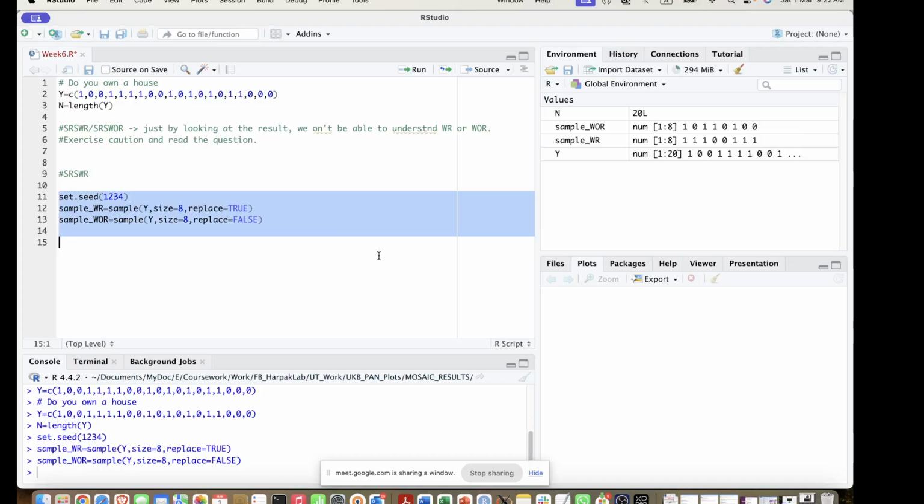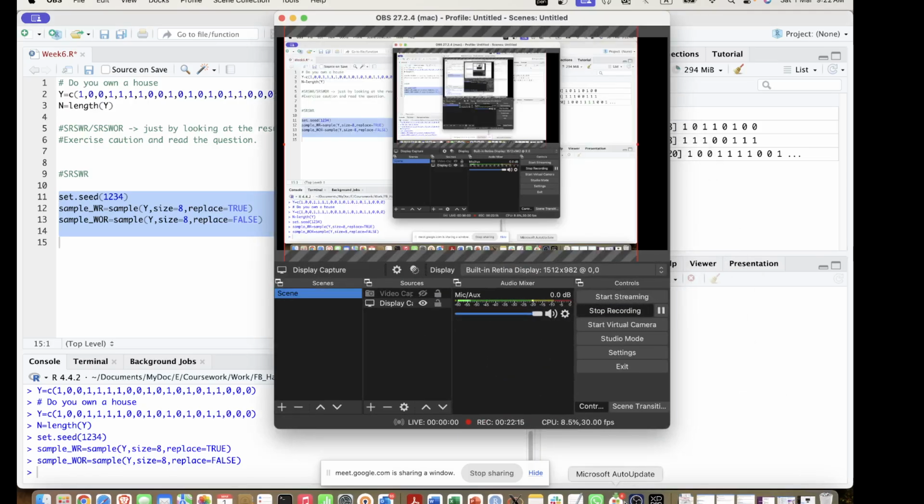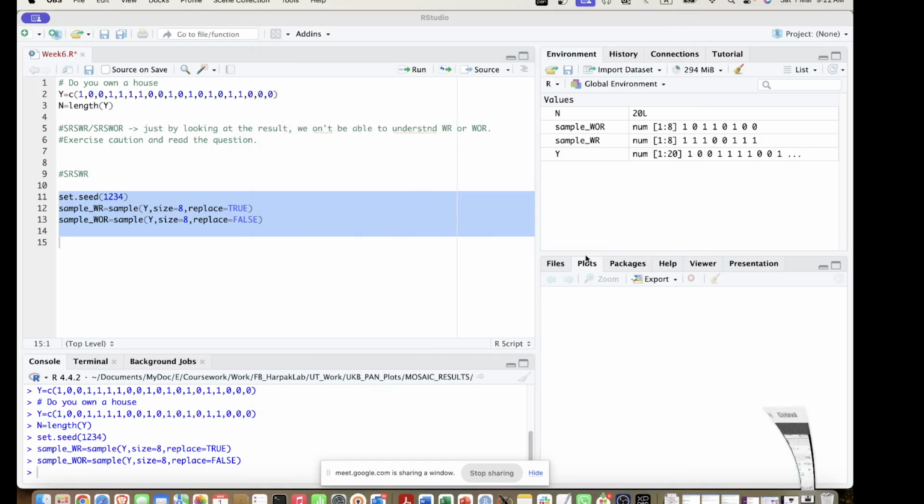Okay, so from the samples you can see that it's fairly impossible to distinguish which has come from which sample. I mean, there's obviously a way to do that, but just by looking at the sample like this, we won't be able to tell.